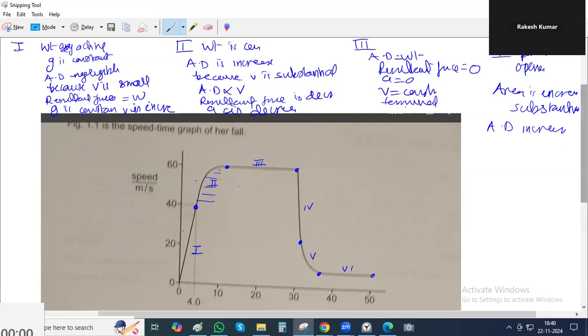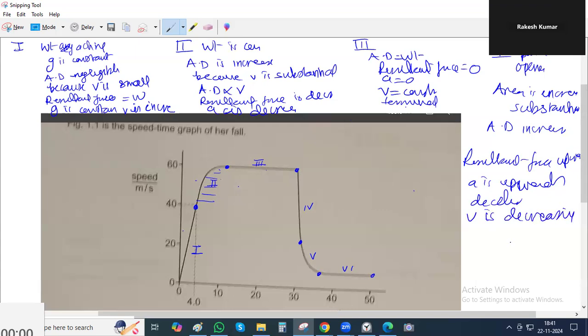So now you will say the resultant force is upwards. Then you will say acceleration is upwards. Only in this part, the acceleration is actually upwards. And it starts decelerating and velocity is decreasing now. This is the only part where velocity is decreasing.